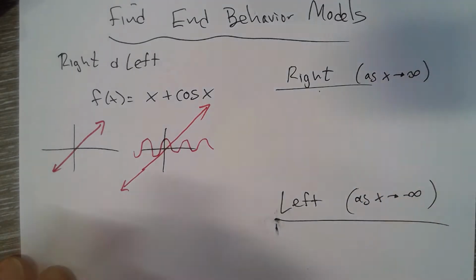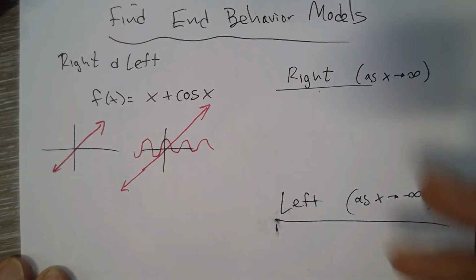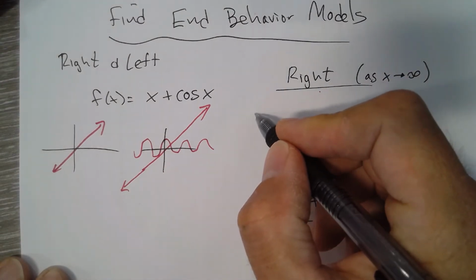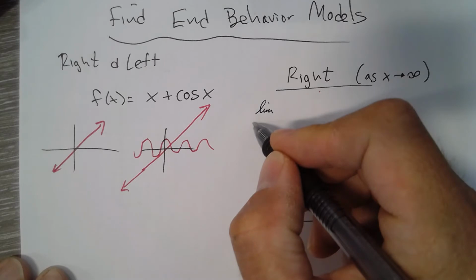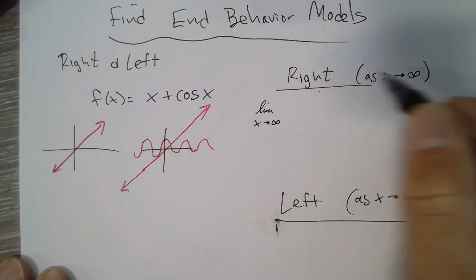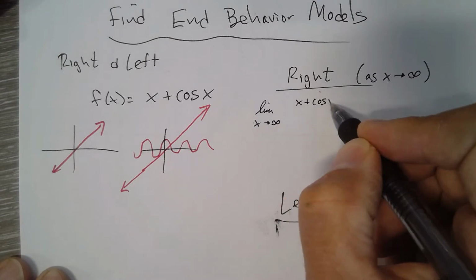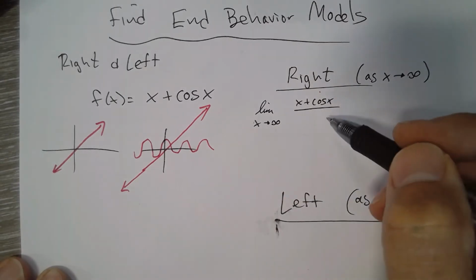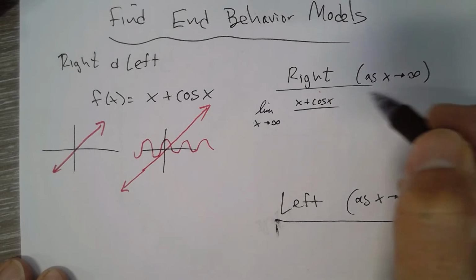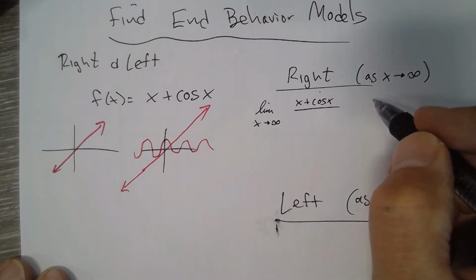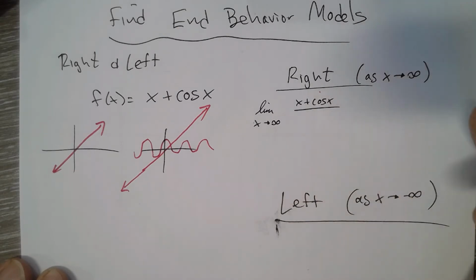But let's prove it, and you're going to have to do this on the test and quiz. You're going to have to support your answer by finding the limit as x goes to infinity, because it's to the right, of x plus cosine x over whatever we use as our end behavior model. You have to get 1 for an answer. The limit has to become 1.